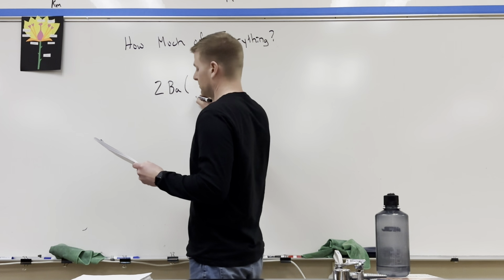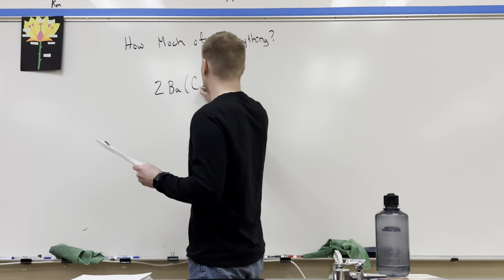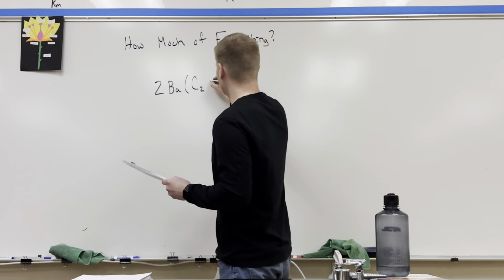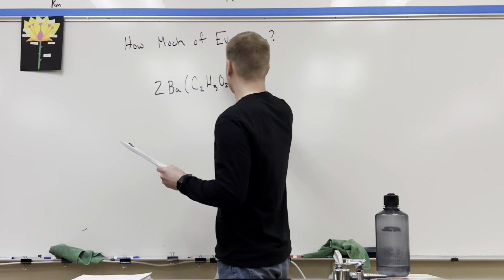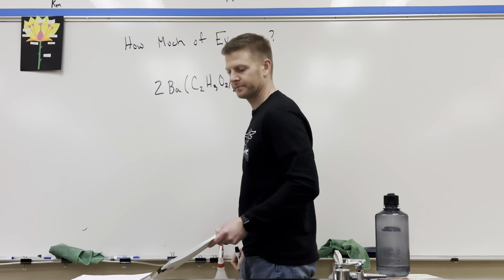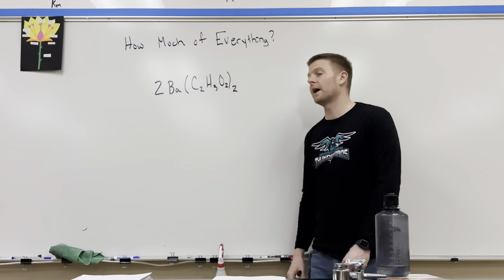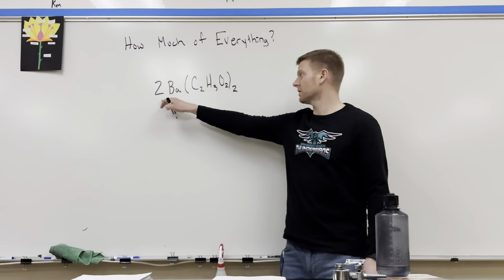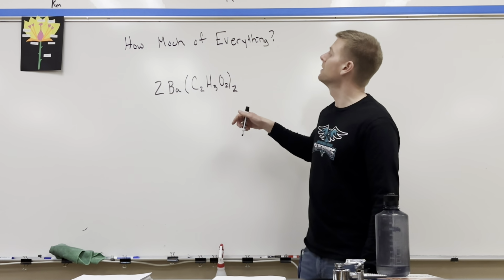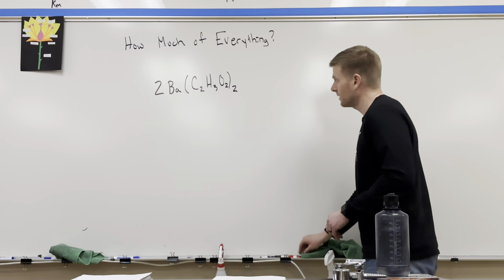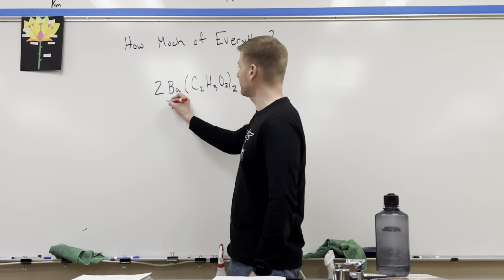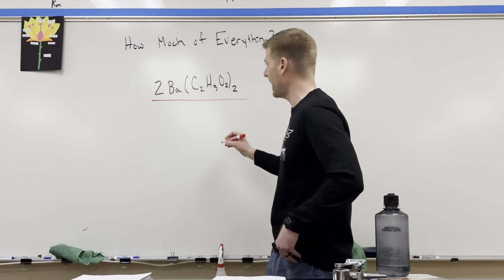All right, so this last one, we've got 2Ba(C2H3O2)2. This is a good one to end on because it's got a coefficient, it has subscripts, it also has parentheses. So first step, once again, we have to look and see what elements we have.